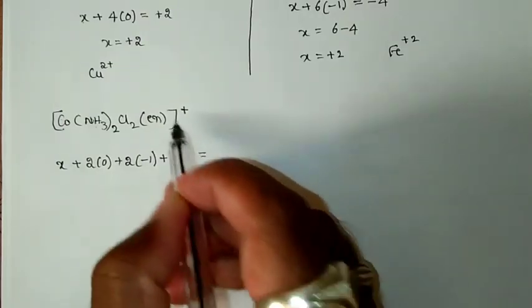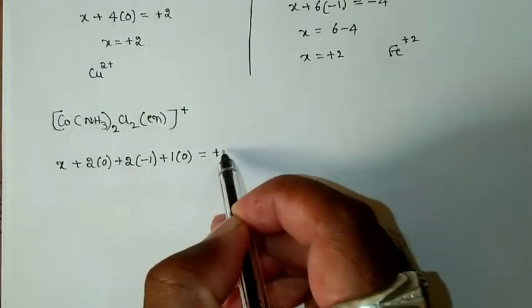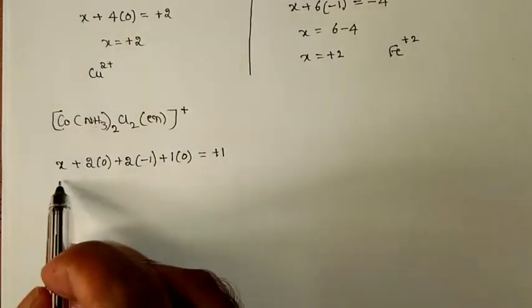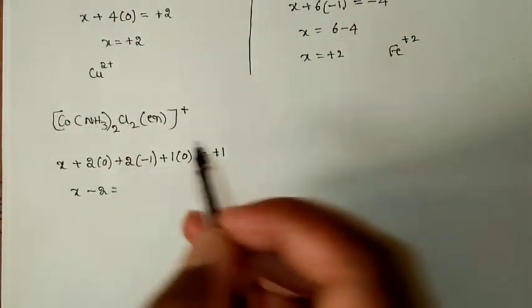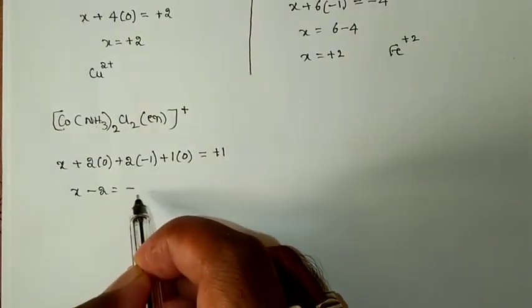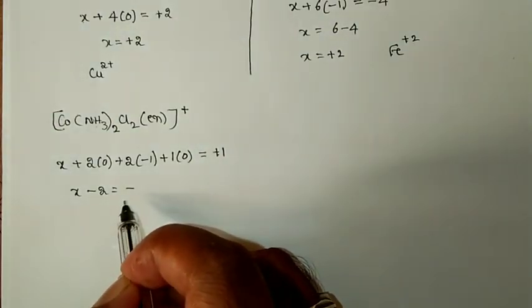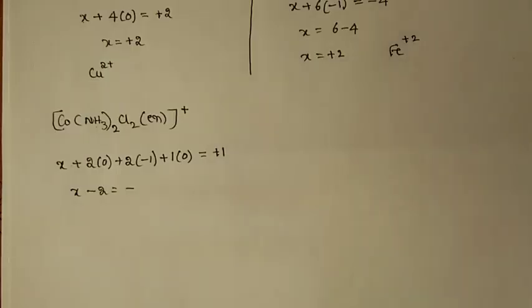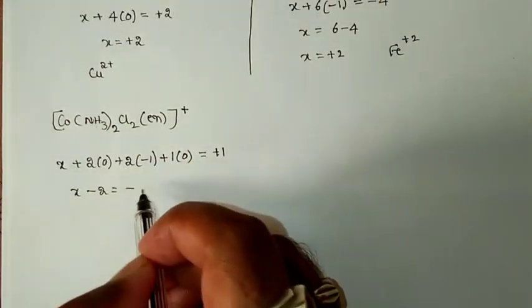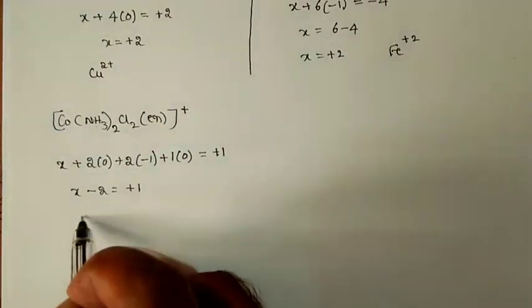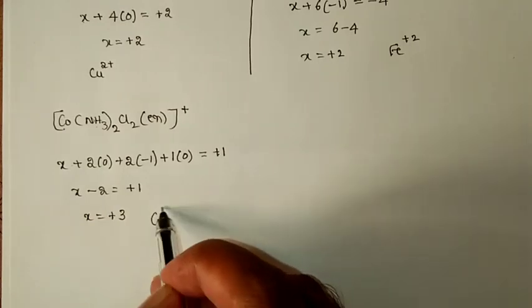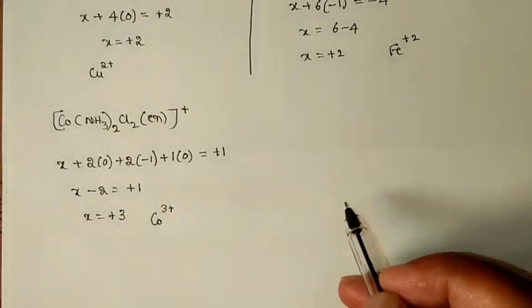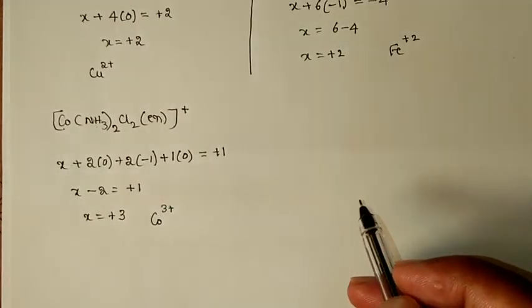So the algebraic sum is equal to the charge of the complex. So X - 2 is equal to +1, so X is equal to +3. So here cobalt is present in the 3+ oxidation state.